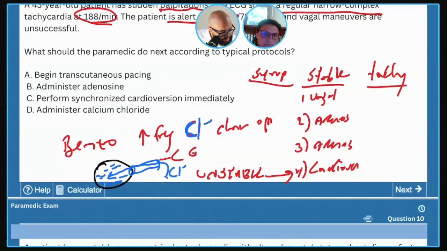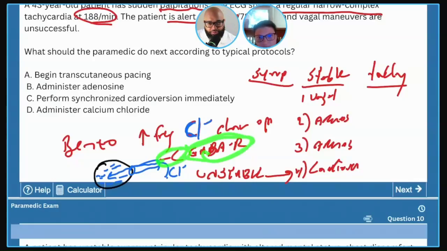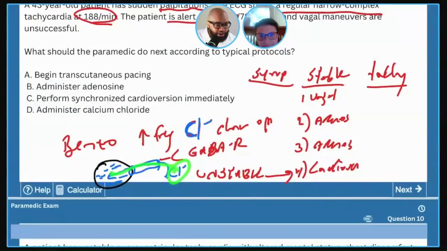Okay, so benzos work by increasing the frequency of chloride channel openings, and on the chloride channel there's something called a GABA receptor. So benzos and barbiturates both activate the GABA receptor on the chloride channel. And that allows chloride to go into the cell with a negative charge, and it calms down, it slows everything down.